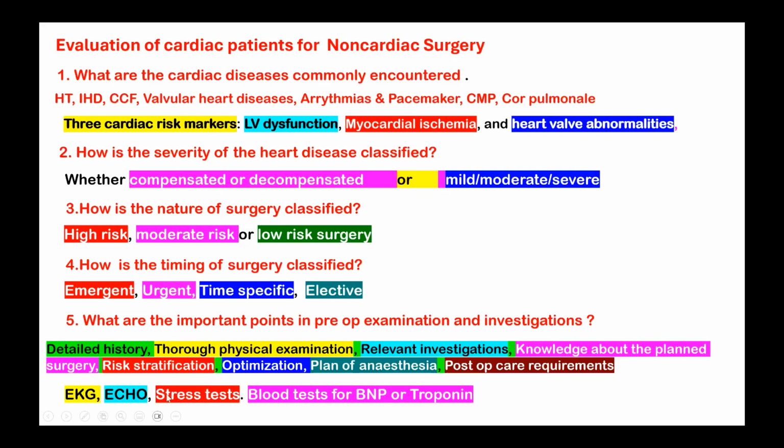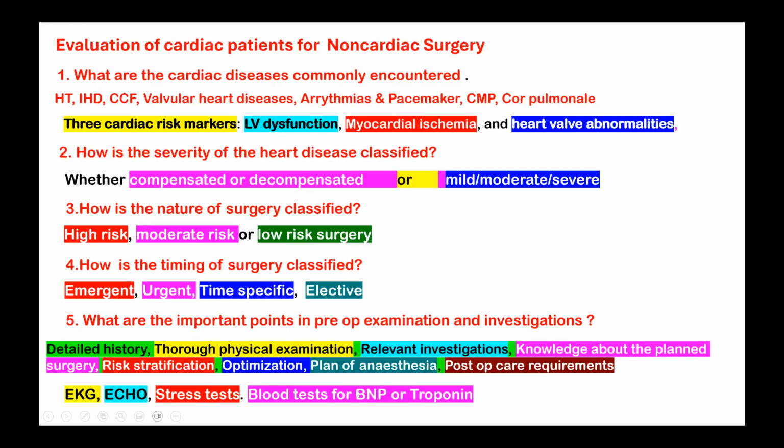A stress test is done in cases where you suspect there is ischemia by the clinical presentation and the complaints of the patient, but the ECG is normal and echo also is normal. And if you have a doubt that still the patient may be suffering from coronary artery disease, then only you order a stress test. And this is a very important investigation you have to mention in your answer, that blood tests for BNP and troponin are to be routinely done, especially if you suspect or if the patient has overt heart failure.